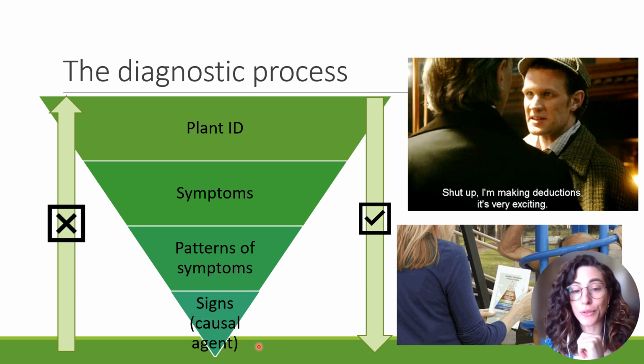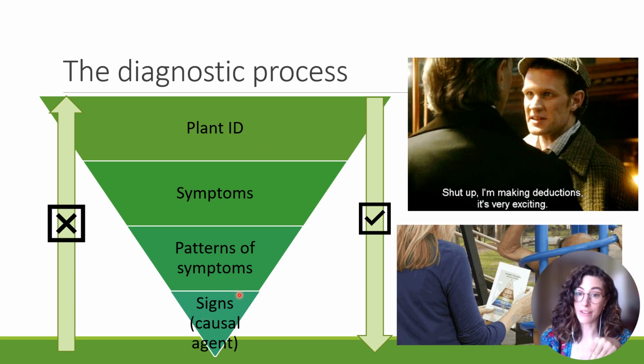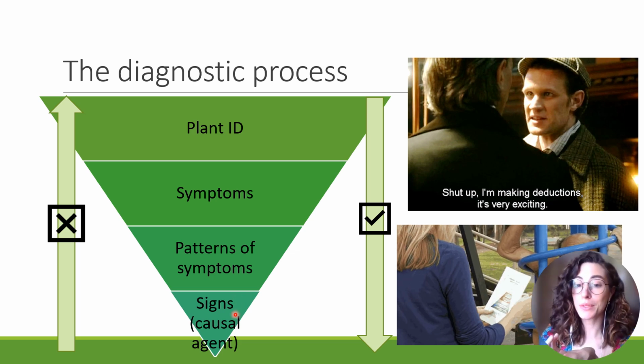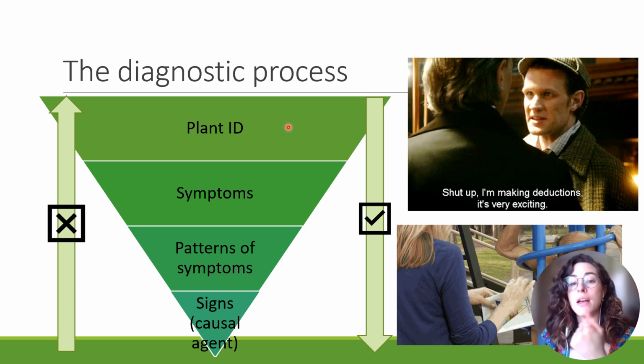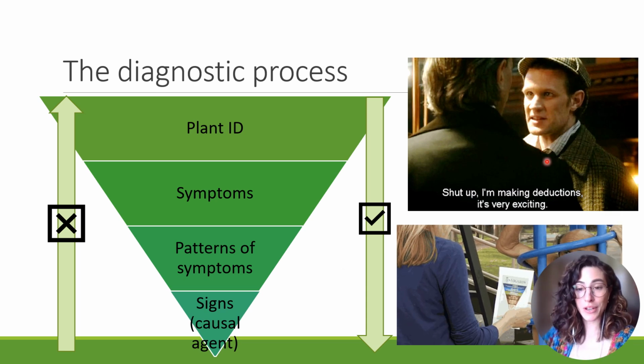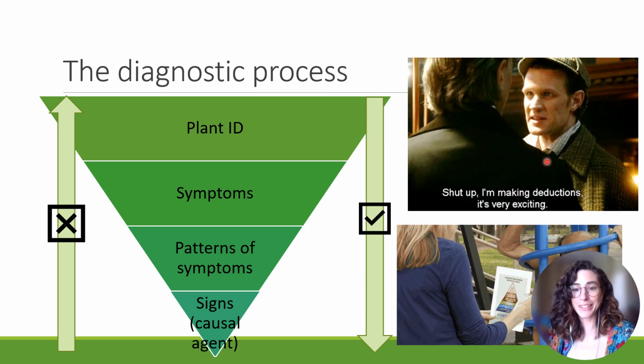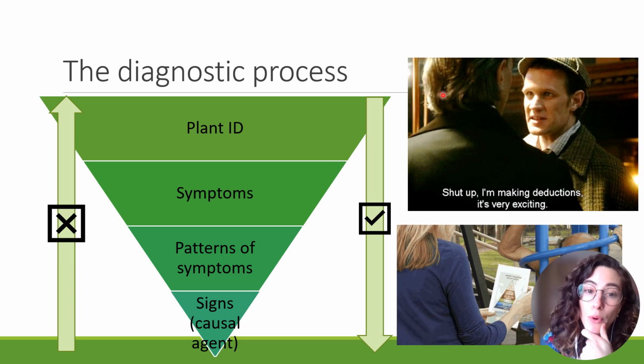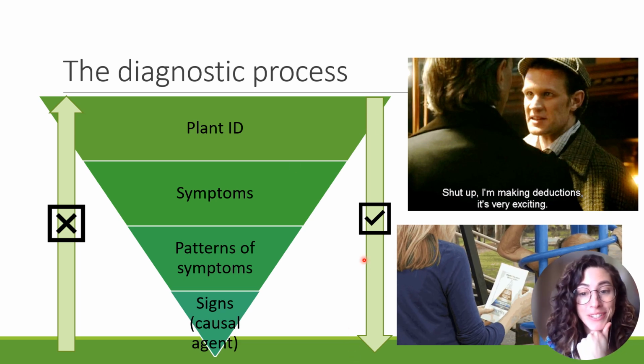What we want to do is look at all of the evidence that we're seeing and then come to a conclusion that it's apple scab, because this is deductive reasoning. And this is what true detectives do. And aren't we just trying to all be plant detectives? So that's why it's important to go sequentially through the diagnostic process.